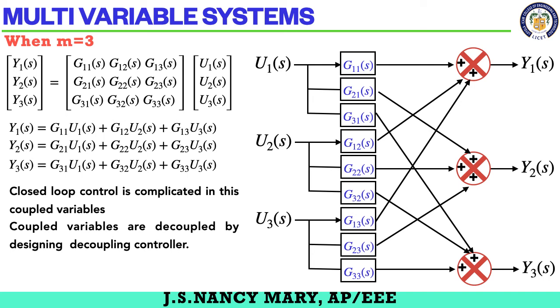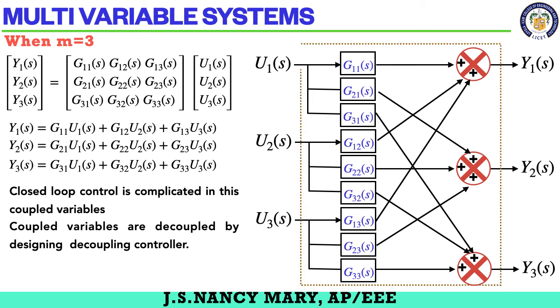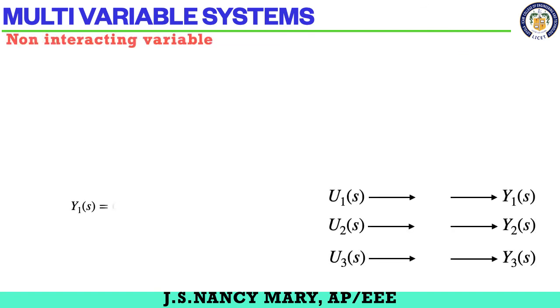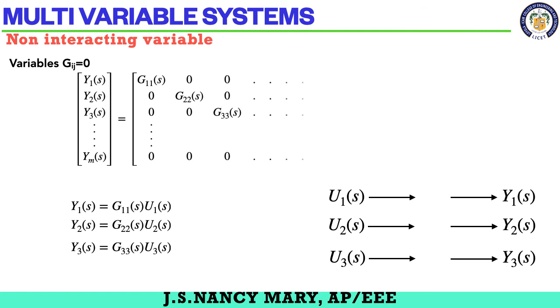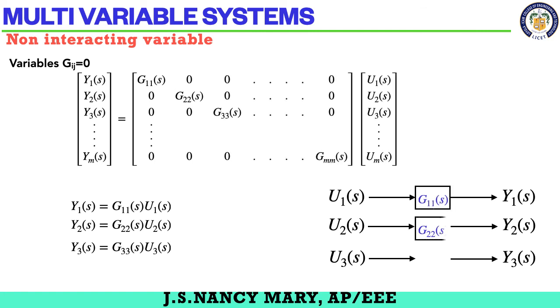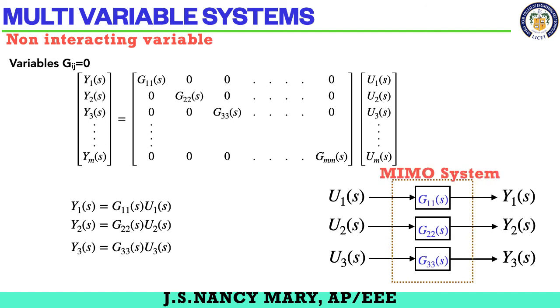So what we are going to do is decouple the variables. Okay, so we are going to decouple it, which becomes a non-interacting variable like this. So I could write it as simple blocks which are not having any connection, and then we can couple it again. So this is called a MIMO system.